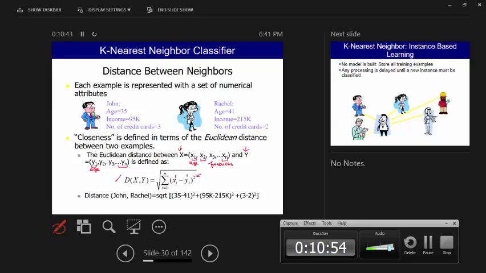We need to square those values, add them all, and finally take the square root. Then the square and the square root will be cancelled, right? Eventually we will have the accurate distance. It is called Euclidean.